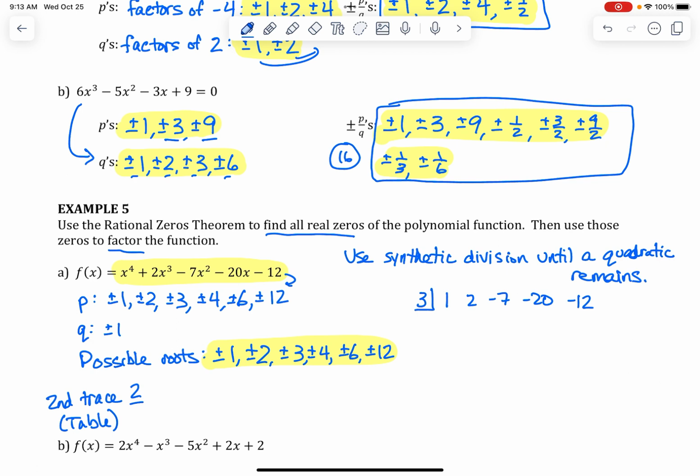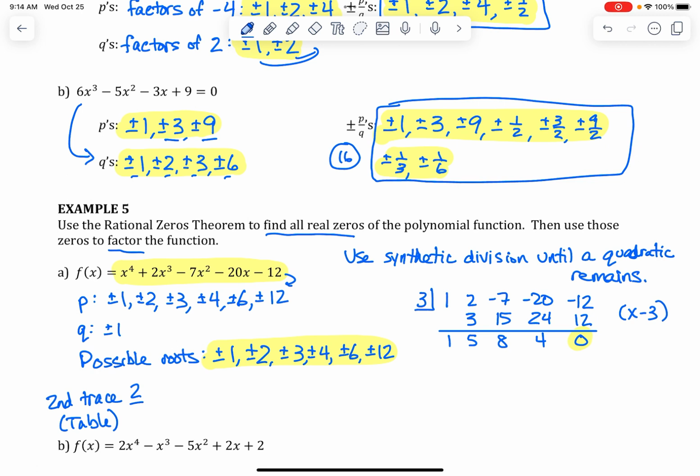If I synthetically divide, 1 times 3 is 3, add 5, 15, 8 times 3 is 24, that's going to be 4 times 3 is 12. Now, it shouldn't surprise you that the remainder is 0, right? We knew it crossed the x-axis, so it better be a 0. It's a factor. We know this because it crosses the x-axis. So we know that x minus 3 is a factor.